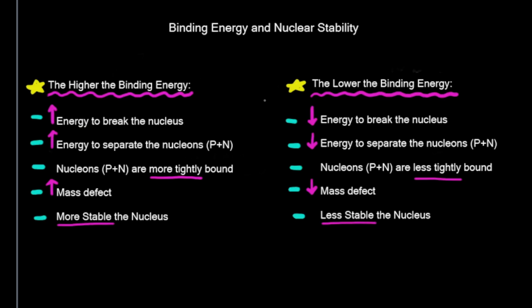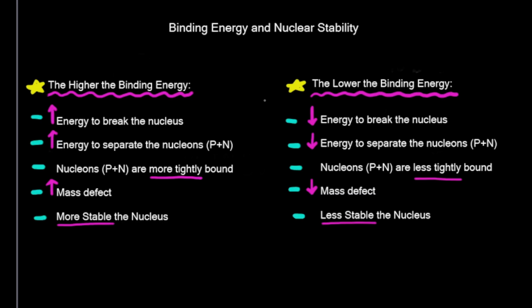Binding energy can tell us a lot about the stability of the nucleus. The higher the binding energy, the more energy is required to break the nucleus. The higher the binding energy, the more energy is required to separate nucleons. Nucleons are protons and neutrons.